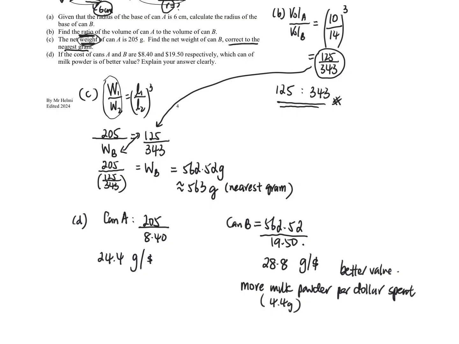Listen, tomorrow please bring your construction set. If you don't have the whole set, just bring the compass, the one with the needle and the pencil, and then your protractor. We are doing construction tomorrow by sector.